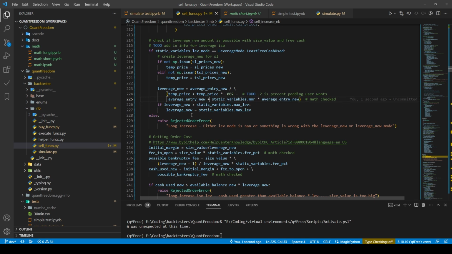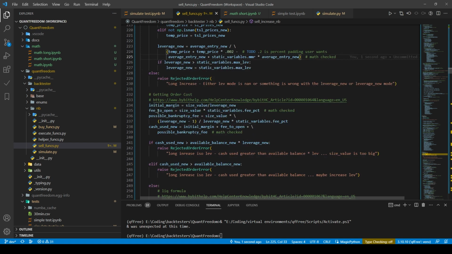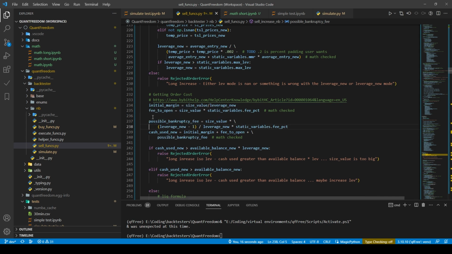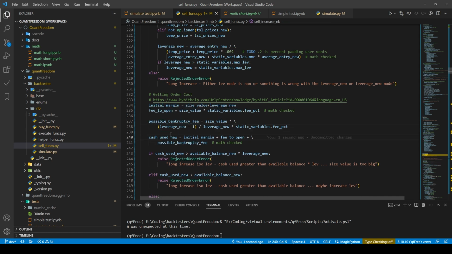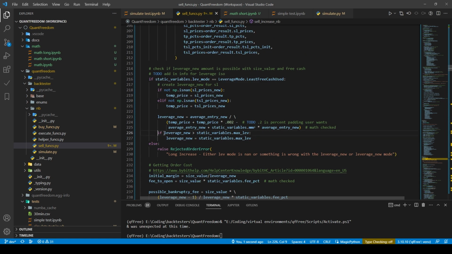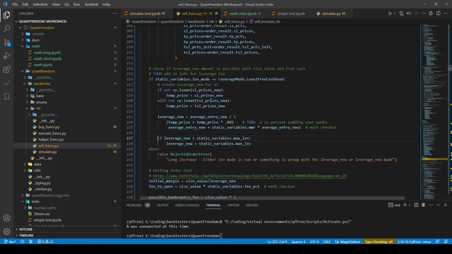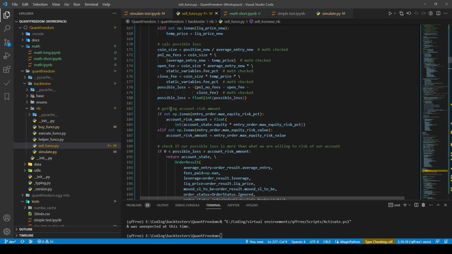Okay, and now here, initial margin. Okay, possible bankruptcy fee. Size value times leverage new minus 1 divided by leverage new. There we go. It looks better, more clean.